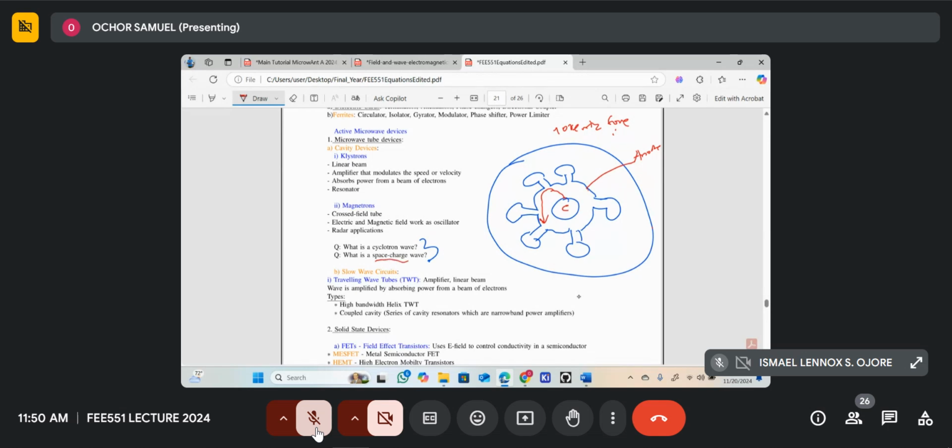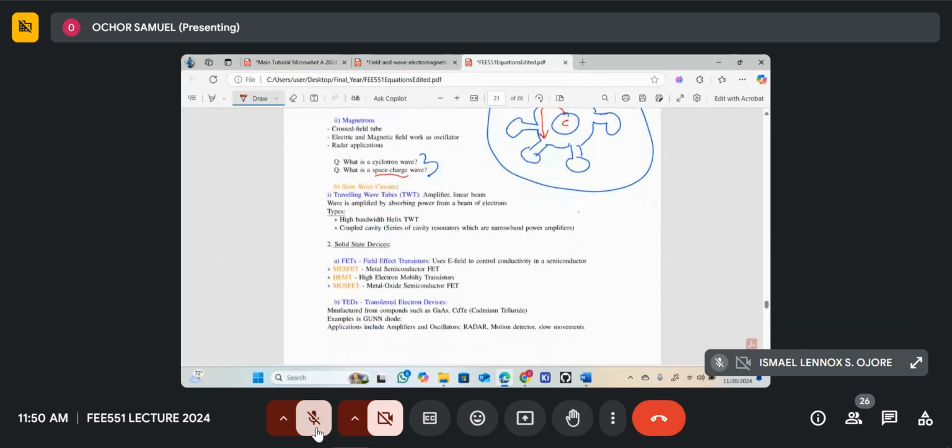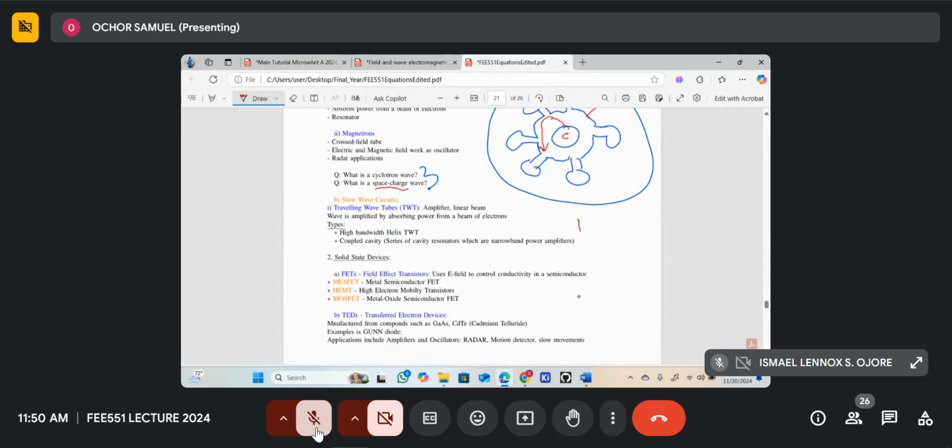But now the space charge wave, again, if incorrect, maybe anyone will correct me. I understood it in terms of the klystron, where we had the buncher and the gun with the cathode.